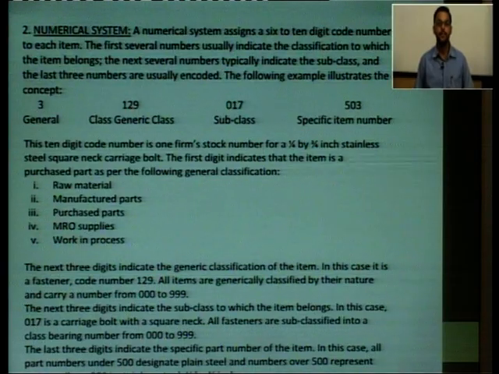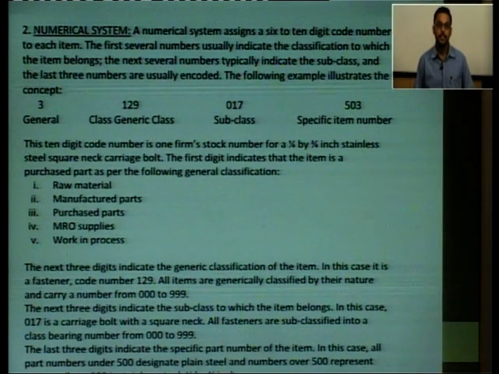In this case, it is a fastener. With code 129, all items are generically classified by nature and carry a number from 000 to 999. It means we can accommodate 999 items individually in this section by giving a generic class.